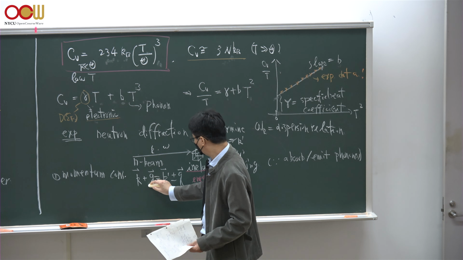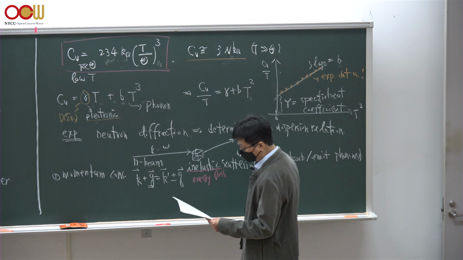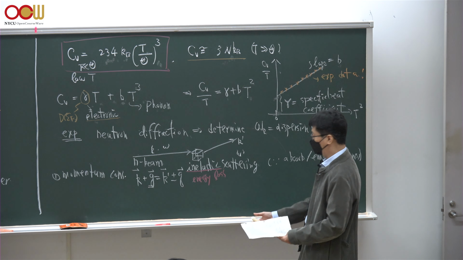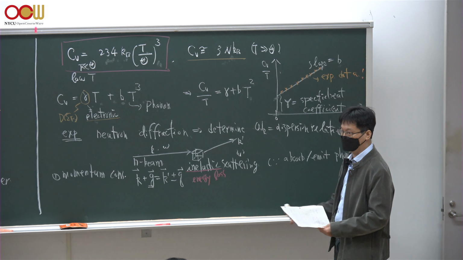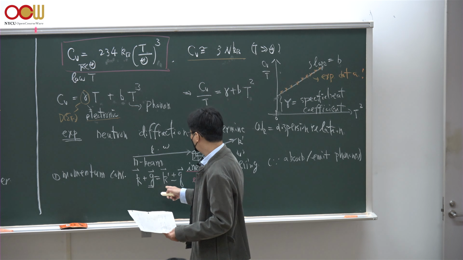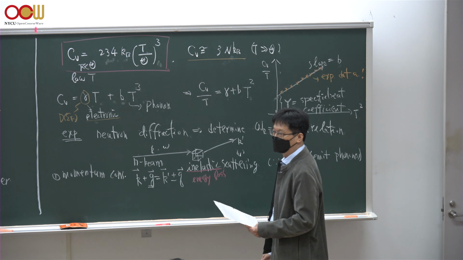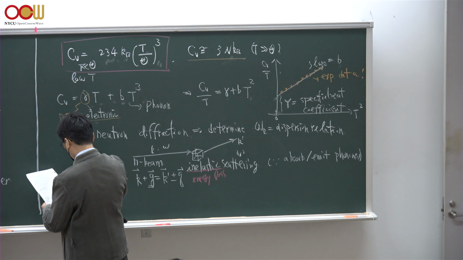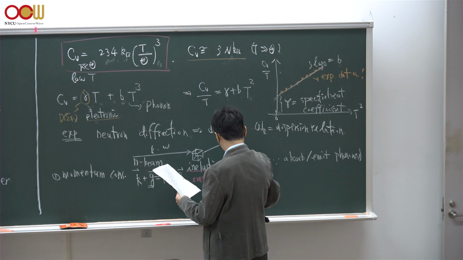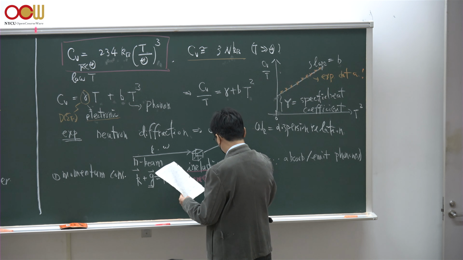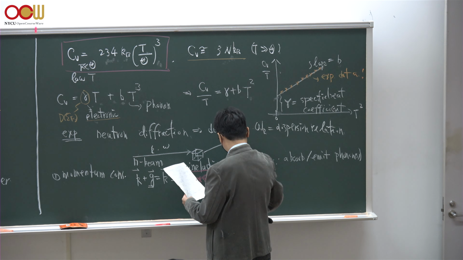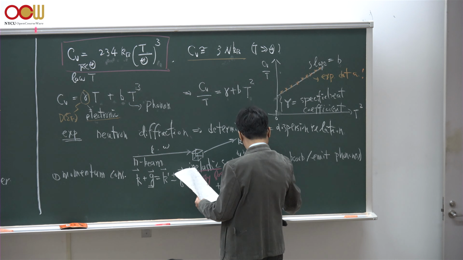And the reciprocal lattice vector is here because you could take advantage of the crystal momentum and then establish this momentum conservation. And this plus refers to the emission, and minus to the absorption of a phonon.